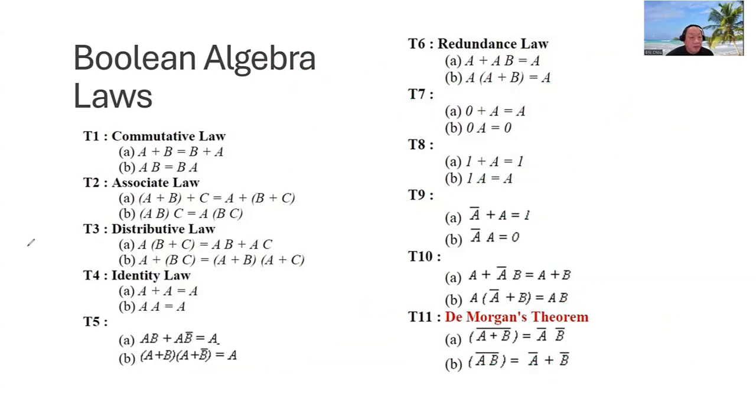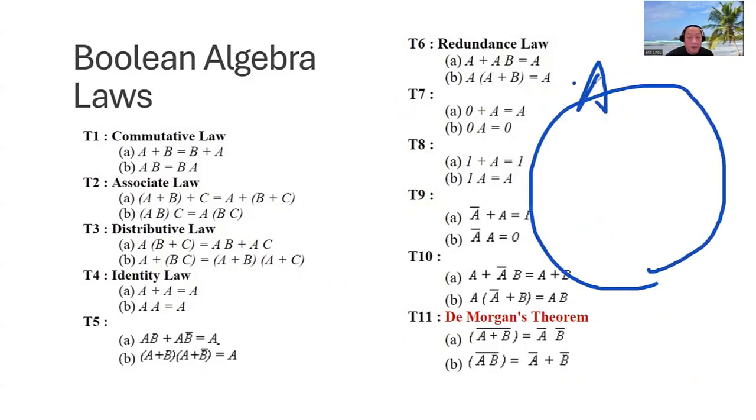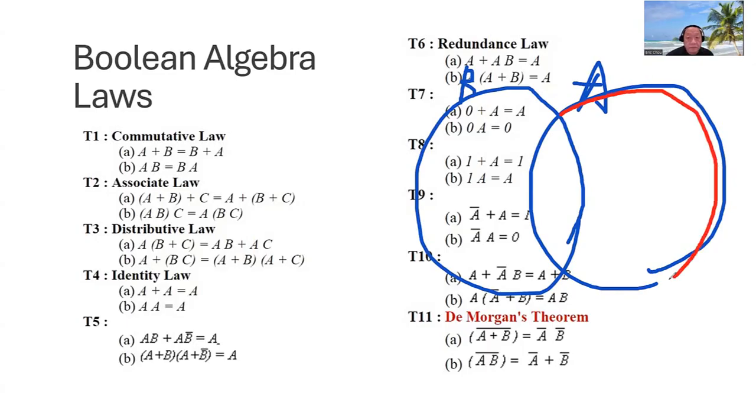Now let's look at the Venn diagram, using the Venn diagram to prove it. In the Venn diagram, you have A, you have B. So A or B is the whole thing. A or B bar is the A portion, or B bar is outside, is right here.